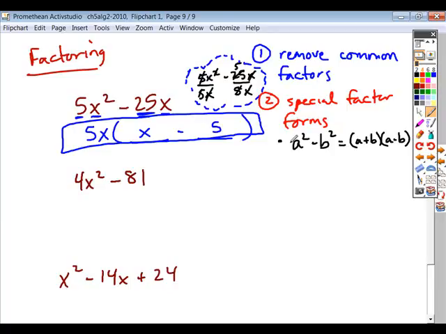If you're looking to factor this, you're going to first test and see, are there any common factors you can remove from both of these terms? No. So then you move to the next step, which is find any special factor forms.